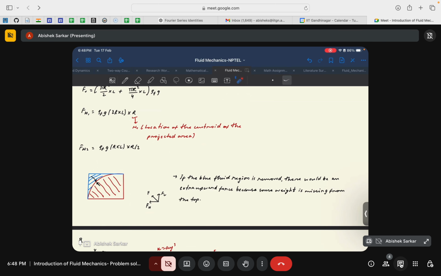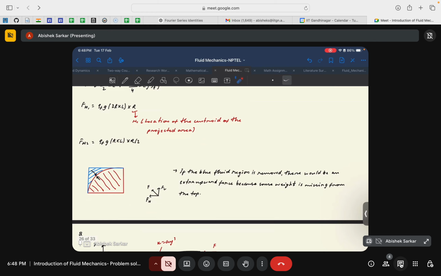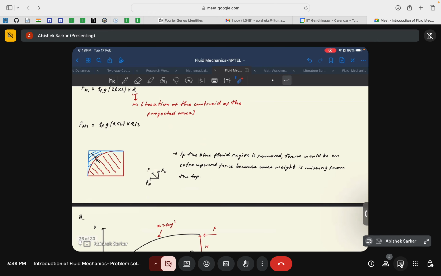But the other thing is, if you remember, there was one point discussed by Professor Chakraborty in the class. Again, it's a very subtle point, and there are some examples in some textbooks if you want to look into it. There are some scenarios where, rather than the curved surface holding the fluid, it's the other way around.